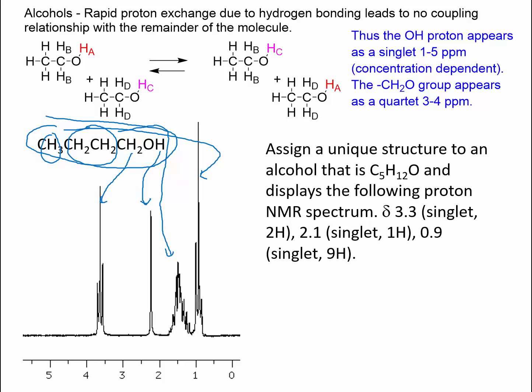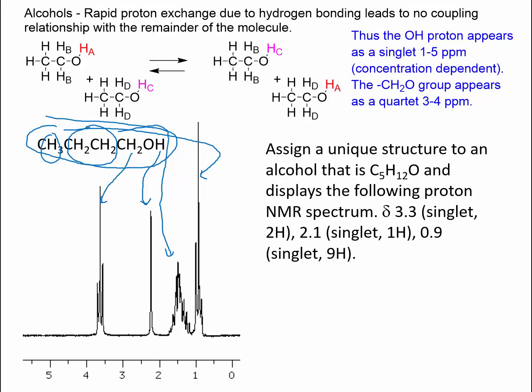All right, so let's assign a unique structure to an alcohol that has the formula C5H12O and displays the following spectrum. At 3.3, it's got a singlet, 2 hydrogens. At 2.1, it's got another singlet, 1 hydrogen. And at 0.9, it's got a singlet, 9 hydrogens.